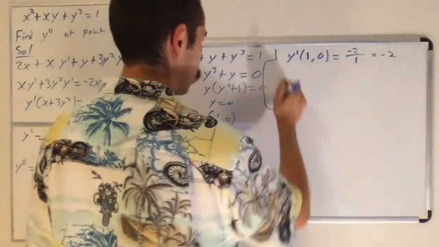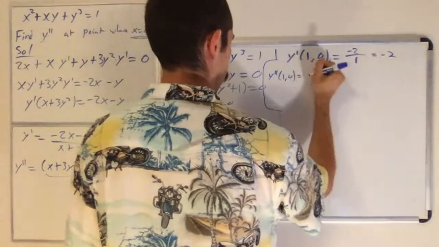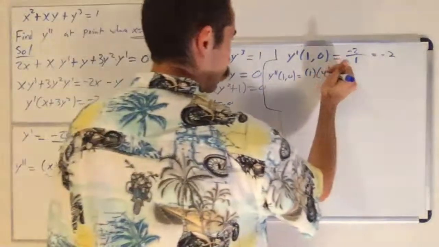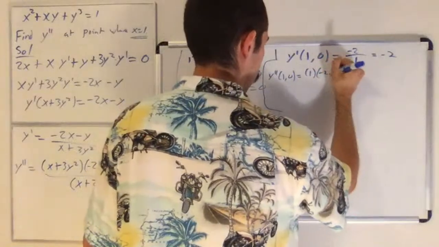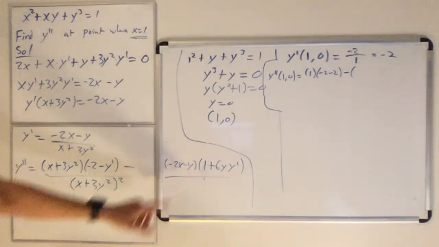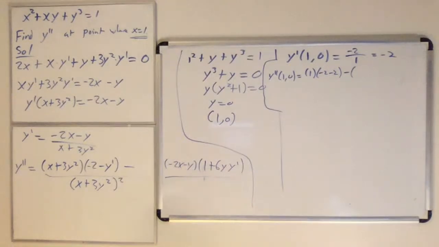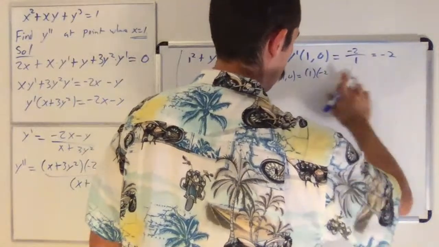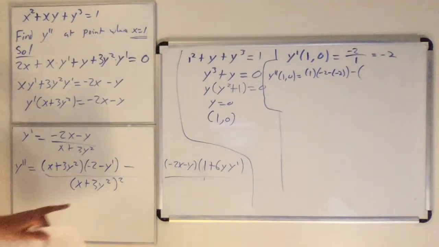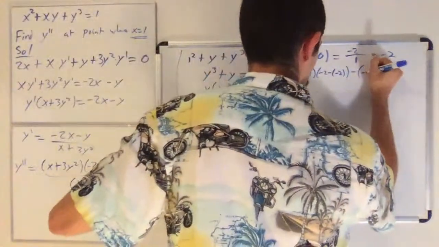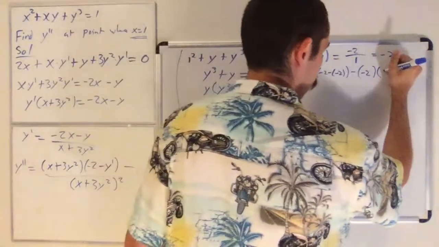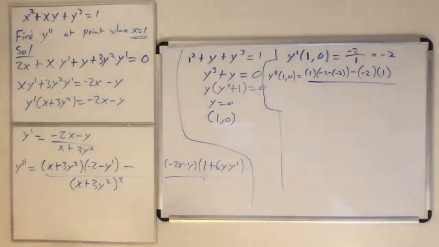This whiteboard is not very big. So that's this part, minus negative 2 times 1 plus 0, which is 1, all over 2.